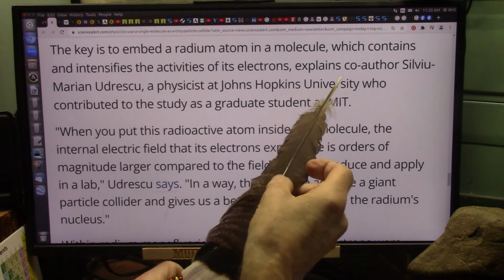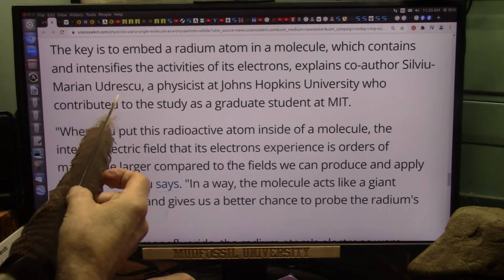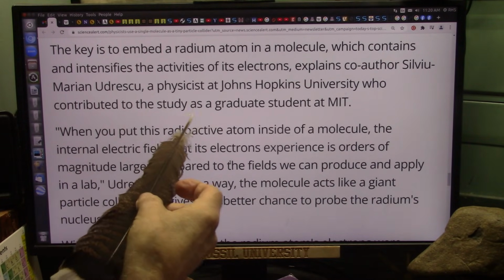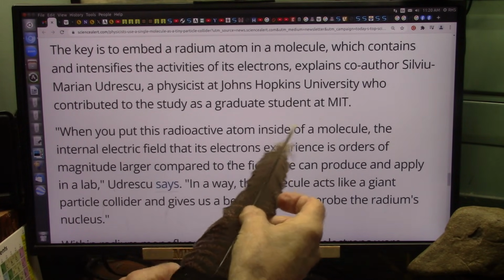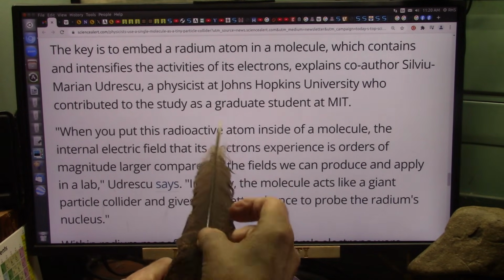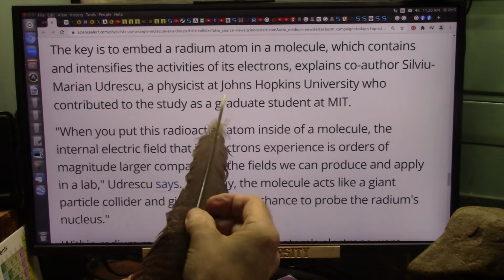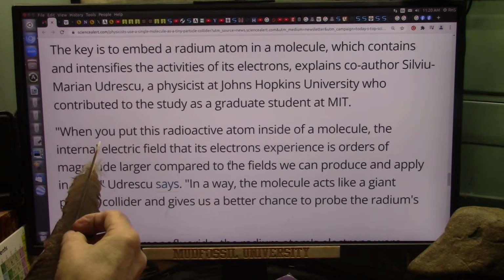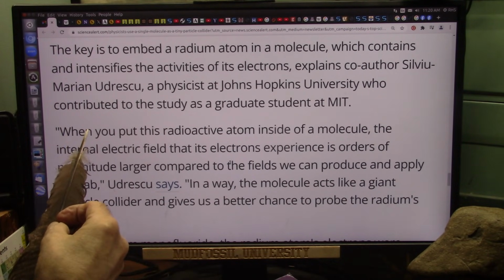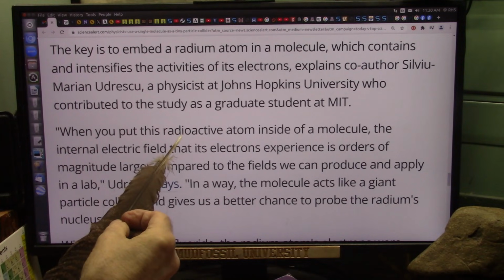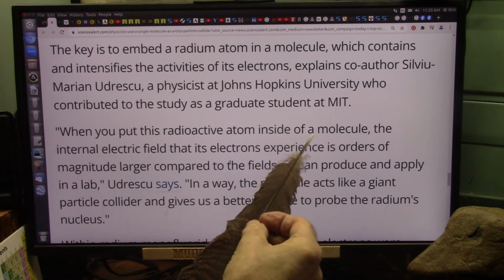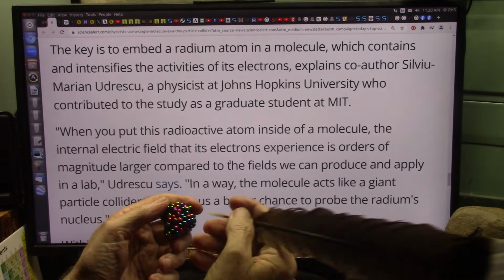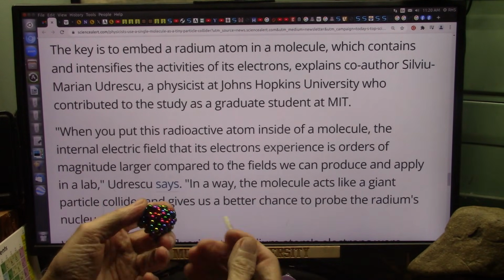And this is from co-author so-and-so, a physicist at Johns Hopkins University, who contributed to the study as a graduate student at MIT. Now, I actually went to Johns Hopkins for genomics, but I fully understand what they're doing here. Here's in quotations, he says, when you put this radioactive atom inside of another molecule, and it's in there and ready to explode, it's like a bomb inside.